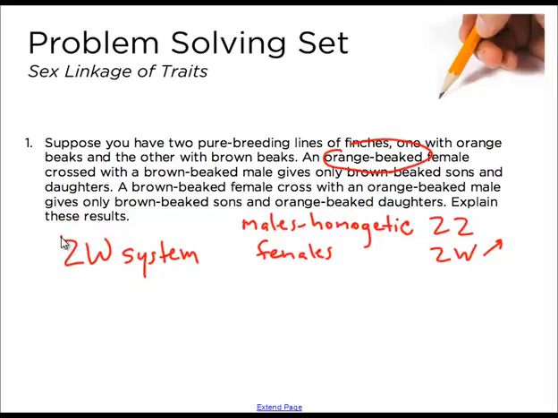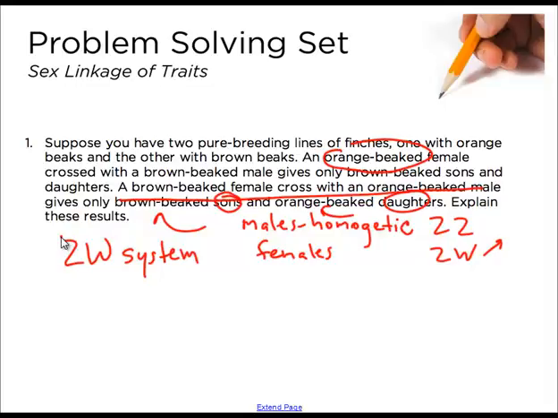So there's something that's giving away the fact that if you have a cross, and it's the second one in this case, if all the sons are one way, brown, and all the daughters are another way, orange, that tells you sex linkage right there.